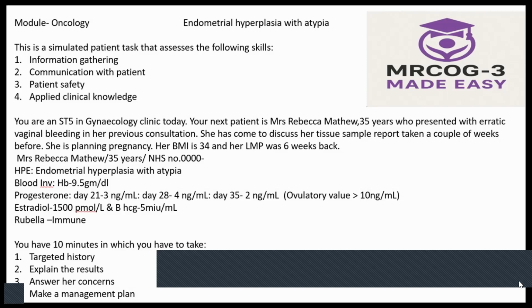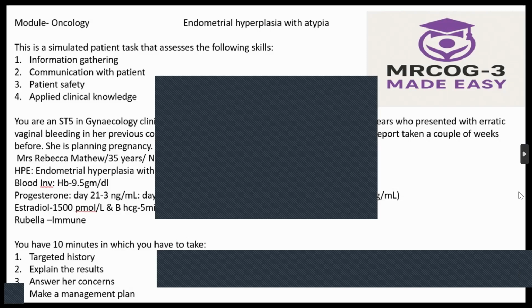I need to tell you, Rebecca, when you are not responding to this hormone, or you responded initially but it came back, then we may advise you to go for a major operation, that is removal of the womb along with the ovaries. So this we do if there is no response or if the disease comes back, and when you complete the family. Am I clear so far?